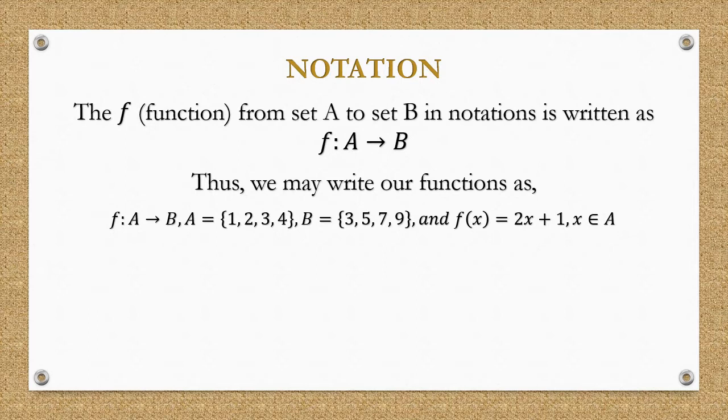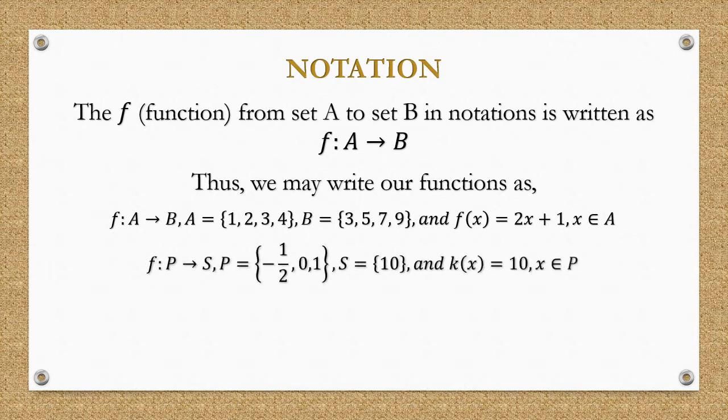Here f is a function, the first value is the domain, and the second value is the codomain. So f is a function from A to B. So A is domain, B is codomain. Similarly, f is a function from P to S. So P is the domain, S is the codomain, and k(x) is equal to 10 is the function.